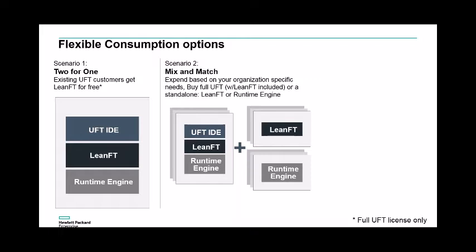This is a component relevant just for UFT, for the execution of a UFT script. And both those two standalone offerings are sold at a much lower price point compared to the full-blown UFT. So you're getting the flexibility to consume exactly what you need and to reduce your total cost of ownership.